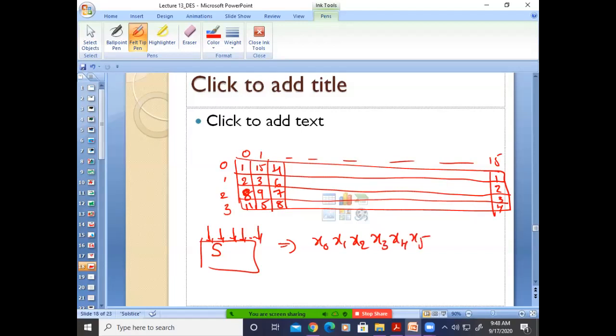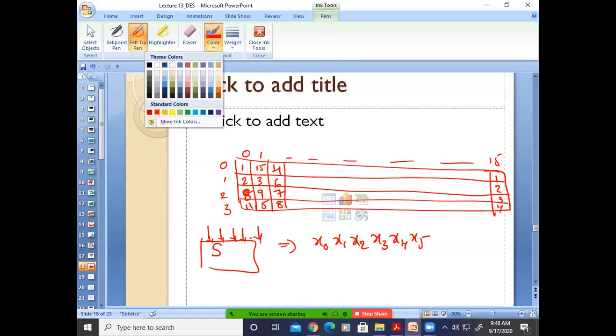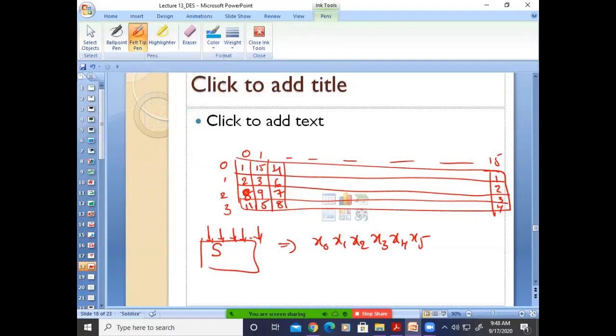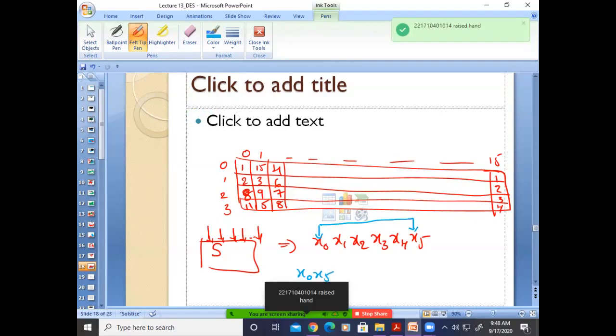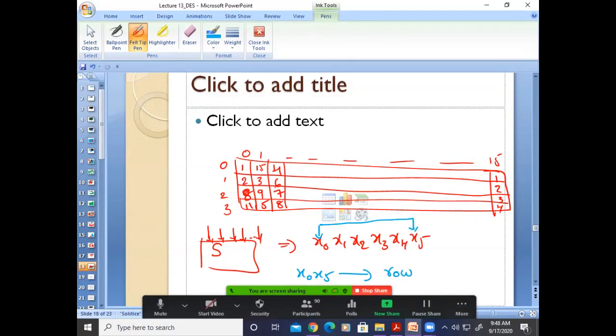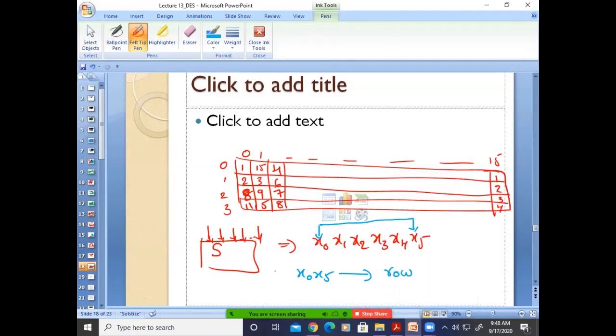Now, what is the operation here? See carefully. The first bit and the last bit will represent a row, so X0 and X5 denote a row. The remaining bits X1, X2, X3, X4 will represent a column.